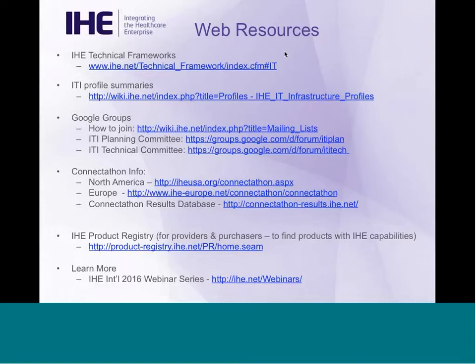You can publish your integration statement as a vendor in the product registry so purchasers and providers can find out that your product has a certain capability, or you can find out what other companies have products that match the capabilities that you're looking for. You do not have to test it at Connectathon to publish an integration statement in the product registry, and we encourage all vendors to use the product registry as a resource.